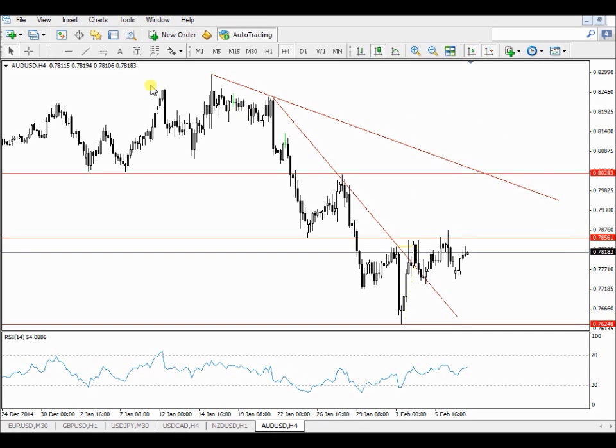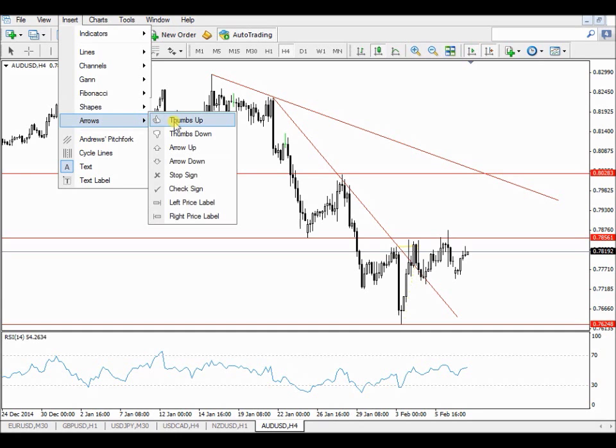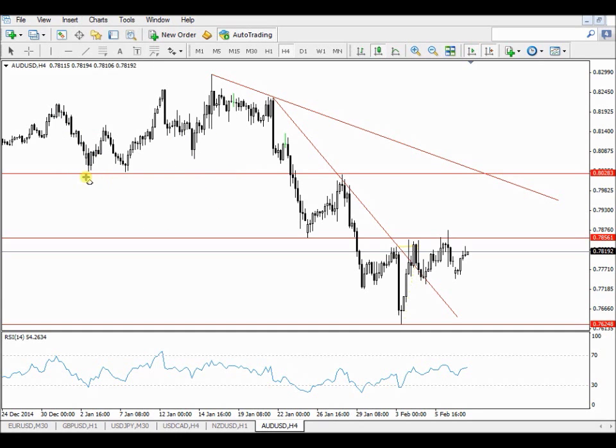Just one more thing, if I can show you. Look at this. I'm going to put an arrow up. Example, support. Look how it became resistance.